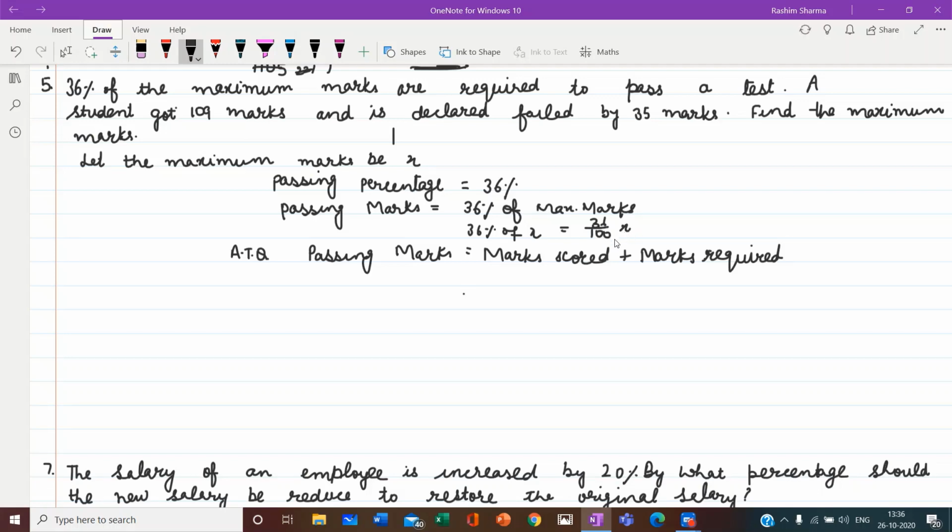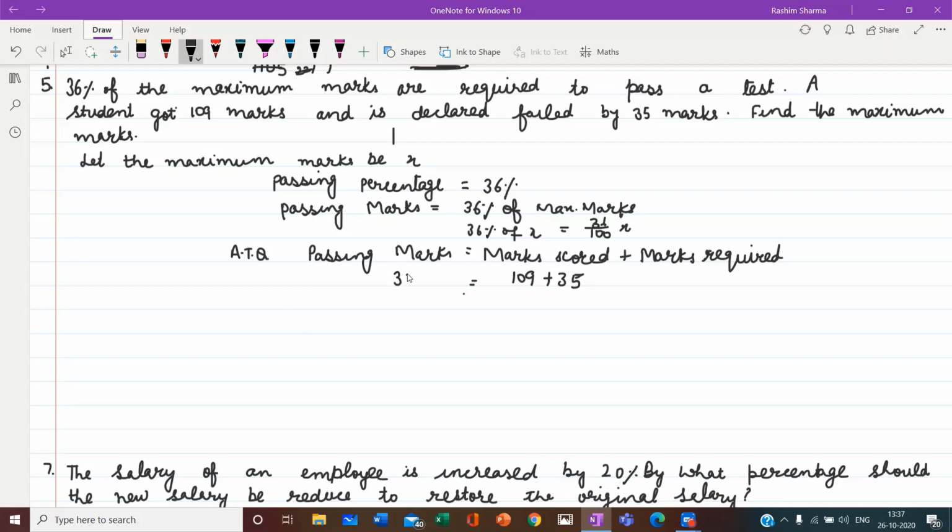Okay. Next, according to the question, we have passing marks equal to marks scored, that is 109, and how many marks more he required, that is 35. It means passing marks are equal to 109 plus 35. Alright, but here we got passing marks are 36 upon 100 x.